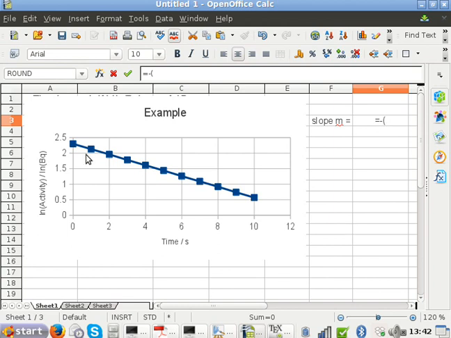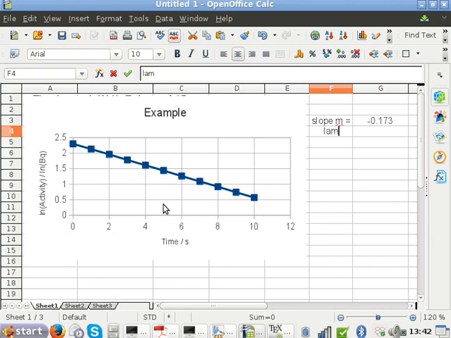Got your graph? Okay. So I'm going to calculate the slope. So what's the biggest value here? 2.3. And the smallest value? 0.57. And then the base is 10 long, isn't it? So divide by 10. So I got my slope as minus 0.173.